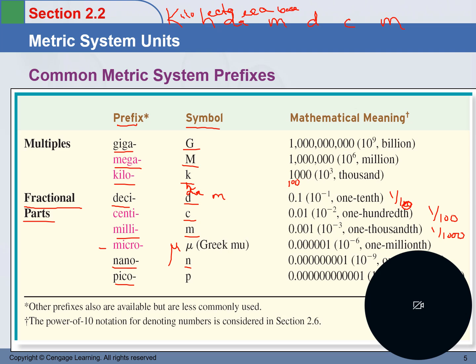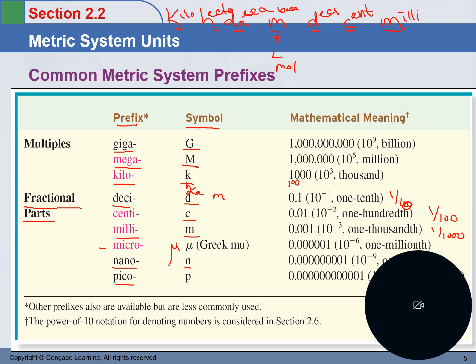But it could be meters, grams, liters, moles, whatever have you. That's our base unit. And then we have deci, centi, and milli. So King Henry dances merrily during cold months. That puts most of our prefixes in order and allows us to move our decimal pretty easy.